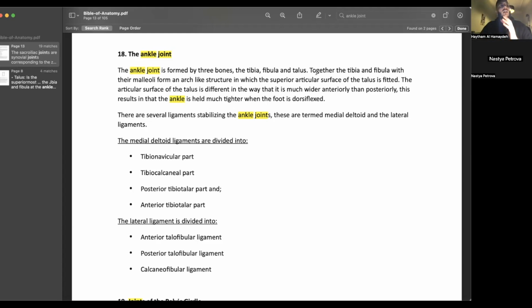We just say the lateral surface of the medial malleolus, not inferior. Then, instead of saying posterior and anterior tibiotalar, you said posterior and anterior tibiocalcaneal. The posterior and anterior are for the tibiotalar part. The third thing is that you just need to focus more on the names of the ligaments, but you're good. You have the idea.